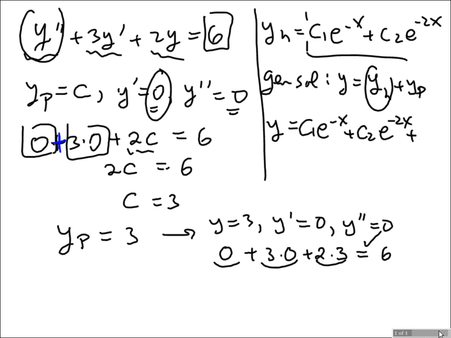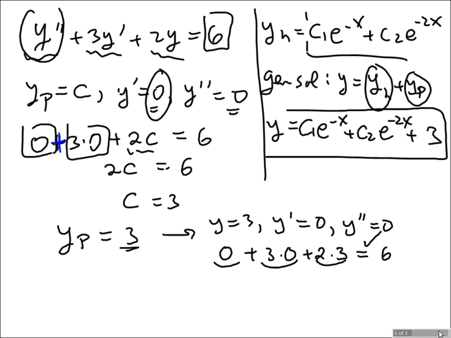That's y homogeneous, and yp is just 3. So there is your solution right there. Now, one can argue, and I tend to agree, that that problem was so simple that maybe it was actually hard. Let's look at another one.